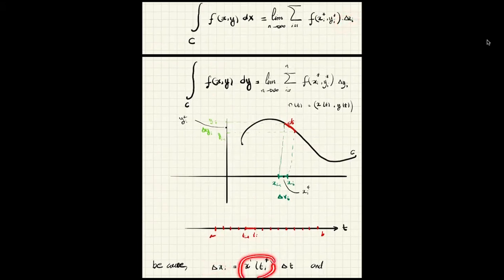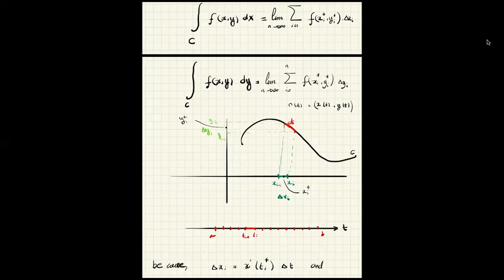So it'll give you x prime(ti star), xi star, yi star, and you know, then you will have a Riemann sum. Okay, you will have a Riemann sum. Yeah, and we will not go through the details because again, this xi star, yi star can be chosen to be exactly the same as the image of this ti.